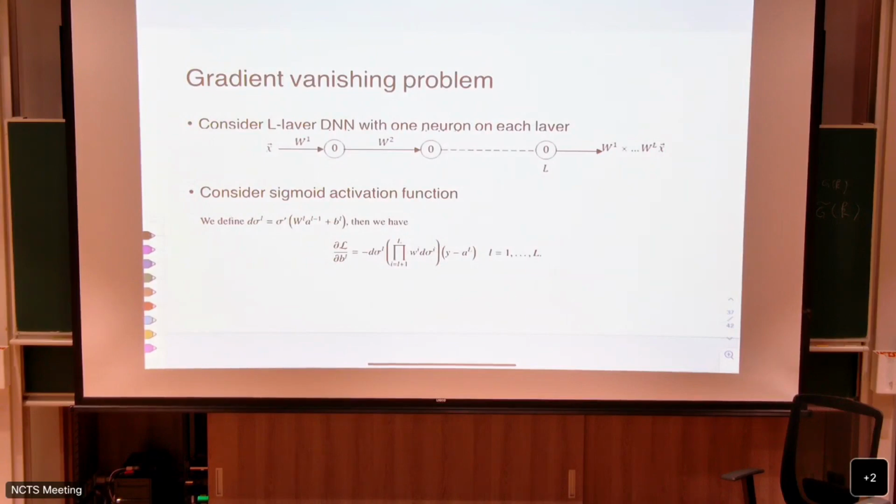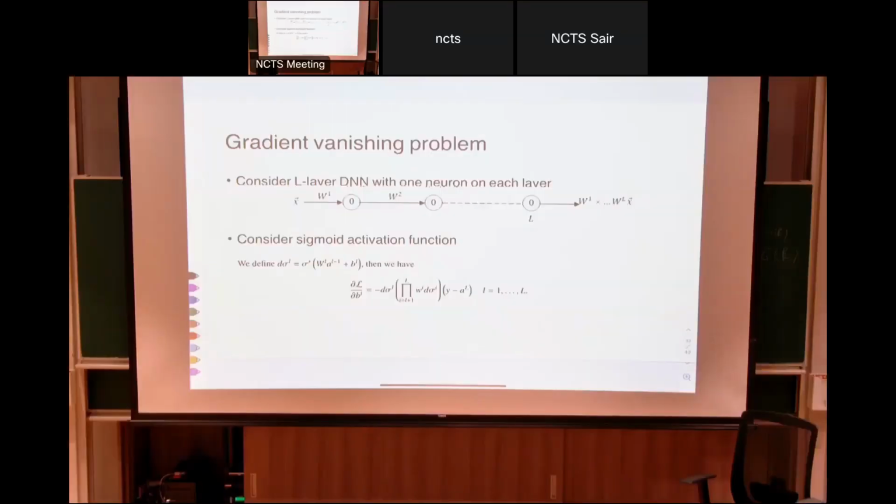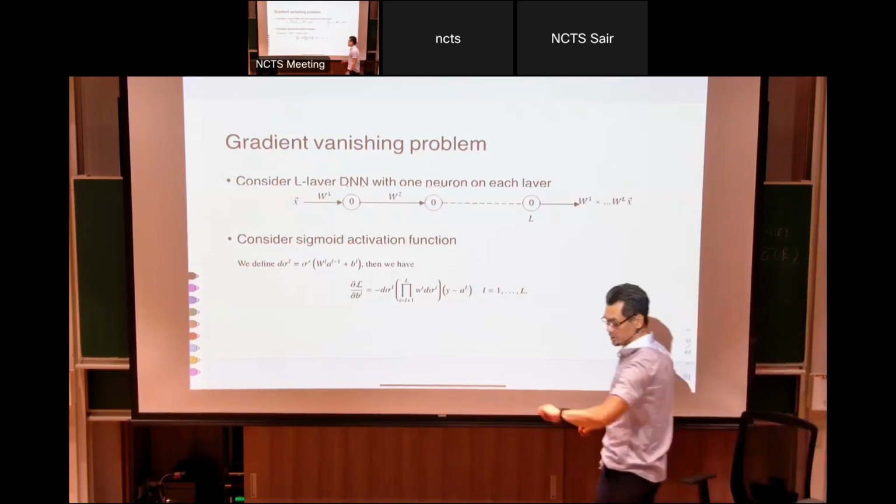Let's get back to our notation, right? This is one half. So if it's one half, then this is y, and this is a_L. I'm sorry. Okay, so this is our y_L, which is the output of the last layer. I'm sorry, when I prepared this slide, I used different notation.